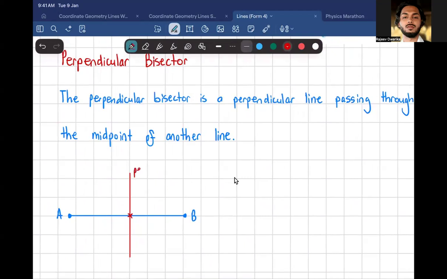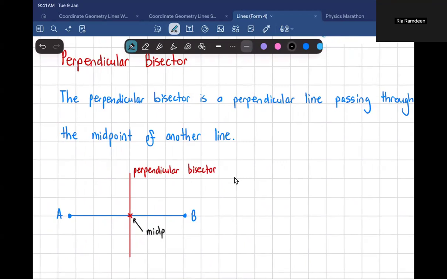So this is the perpendicular bisector, I would call this the midpoint, and this is the regular line.